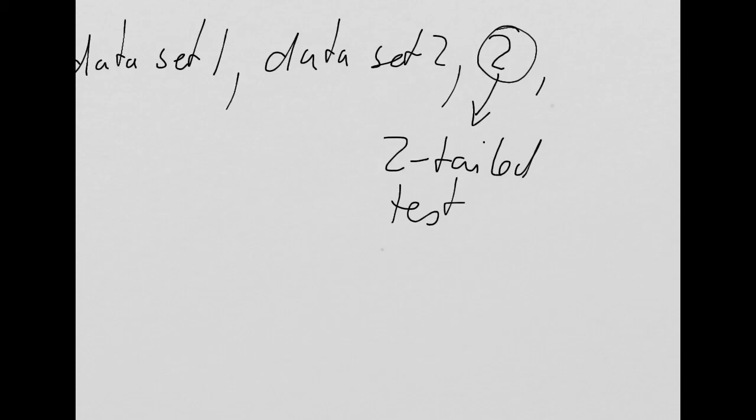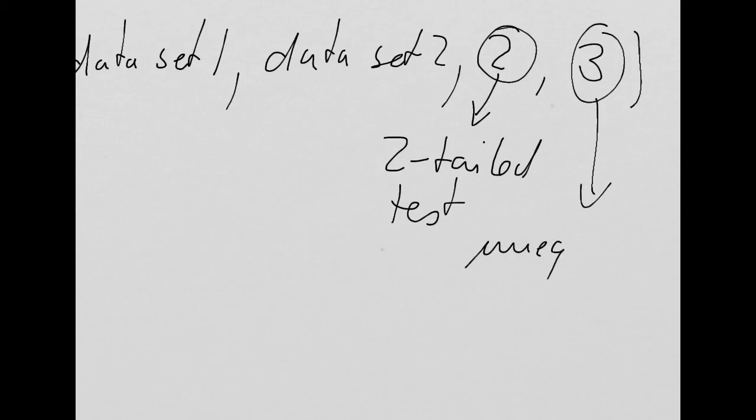Usually my advice would be, if it is not a before and after, if it is an independent test, go for option 3 that you put in here, because that is unequal variance.